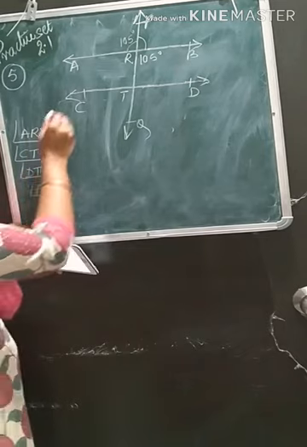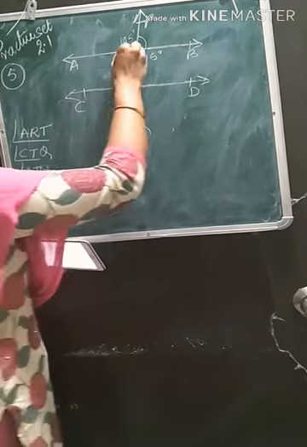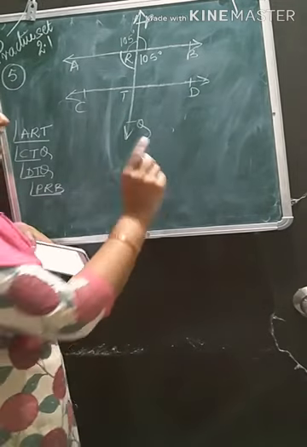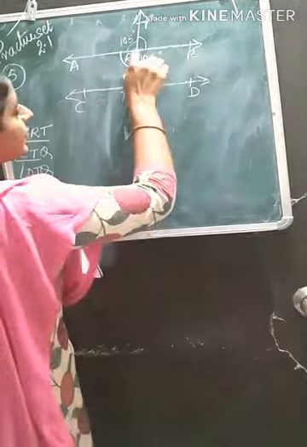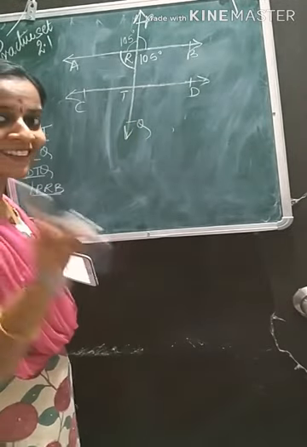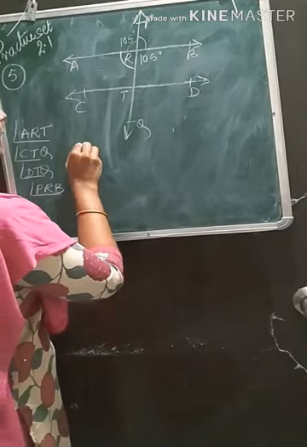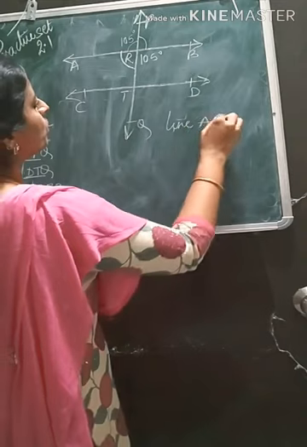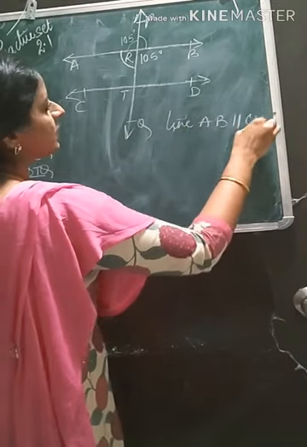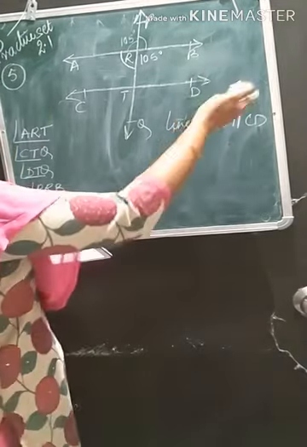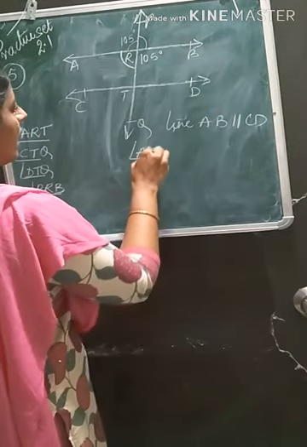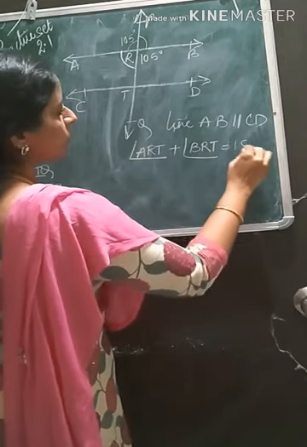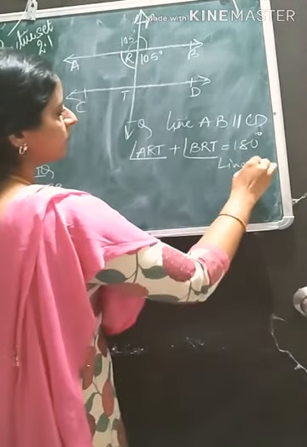So first question is angle ART. How will you get ART? What is the relation between angle ART and BRT? They both are a linear pair. Very good. So first step you write given, that is line AB parallel to line CD. Then start with the steps. Angle ART plus angle BRT is equal to 180 degrees, linear pair.